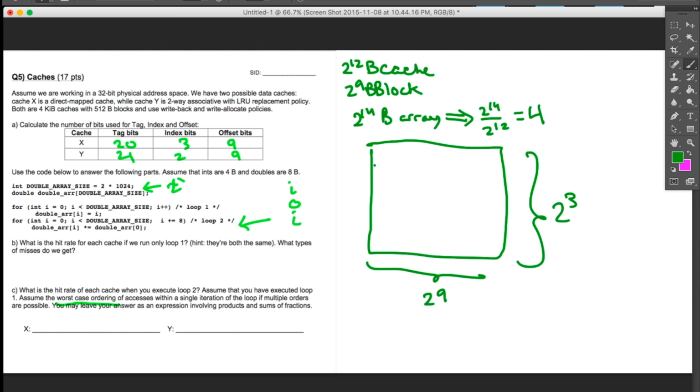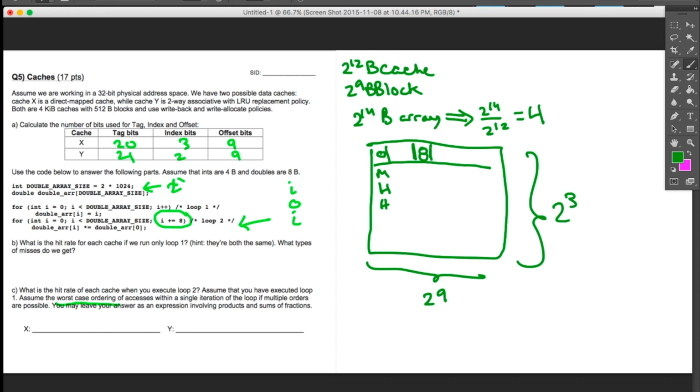So for this first block, we access element 0, so we have a miss there, and we try to read element 0. Notice that it's already in the block, so that's a hit. And then we try to write to element 0, that's a hit again. So we have this one miss, hit, hit. Now if we try to access element 8, and this is really important to observe, we're taking a stride of 8.